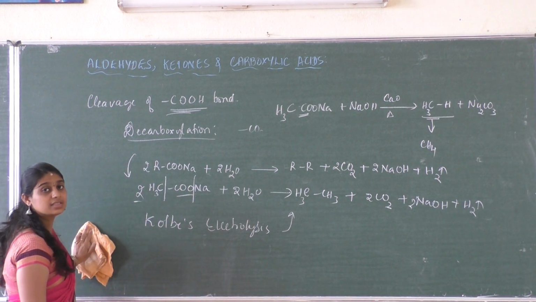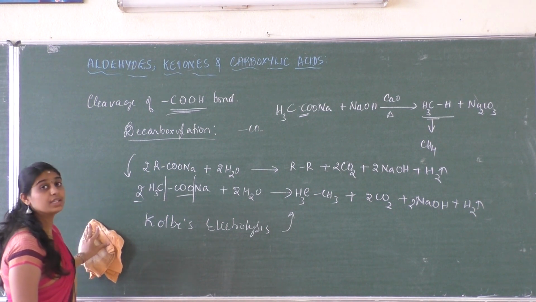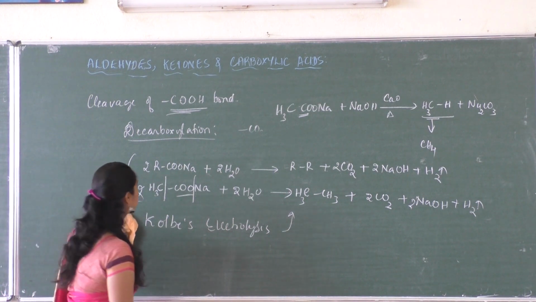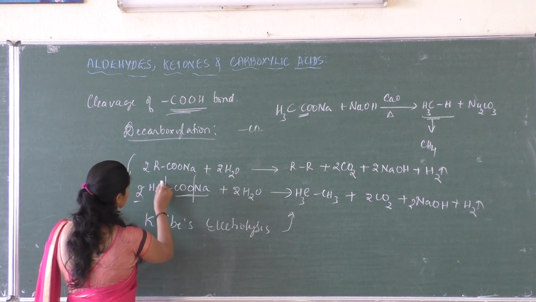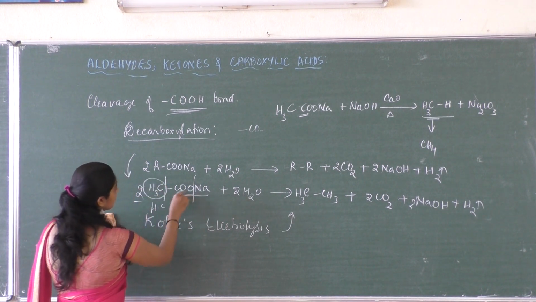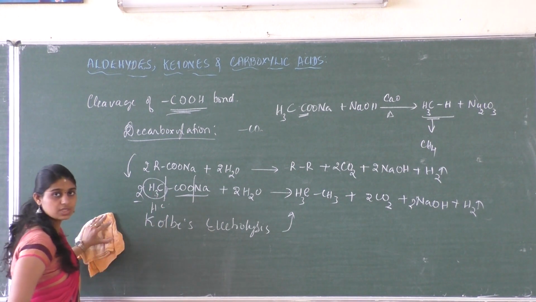So next let us see the reaction which involves the substitution at the hydrocarbon part. This is the acid group and this is the hydrocarbon part that is attached to the functional group. So the substitution occurs at this position.